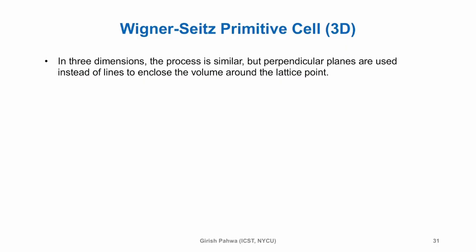You connect to your neighbors and draw perpendicular planes. If there is a point there, I will connect to that, and there will be a perpendicular bisector plane. I will look around at all the points, draw all of these perpendicular planes, and then look for the enclosed volume formed by all of these planes.